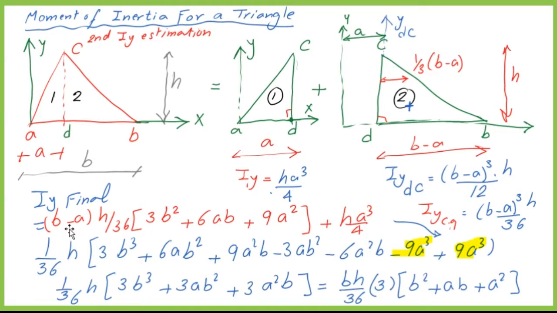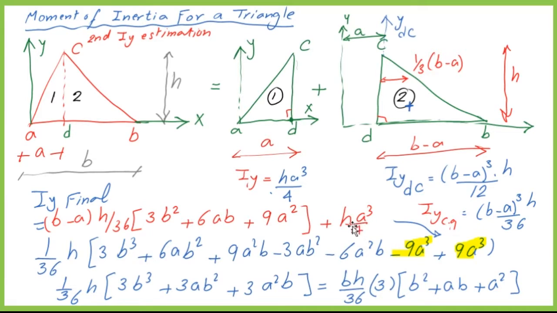Then for the negative sign, minus a multiplied by 3b squared will be minus 3ab squared, and we have minus a multiplied by 6ab, which is minus 6a squared b. And finally, we have minus a multiplied by 9a squared, which will give us minus 9a cubed.